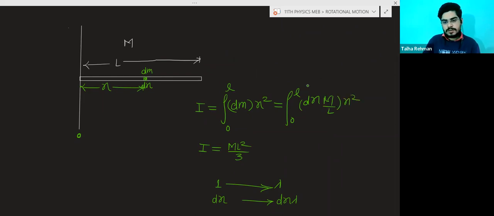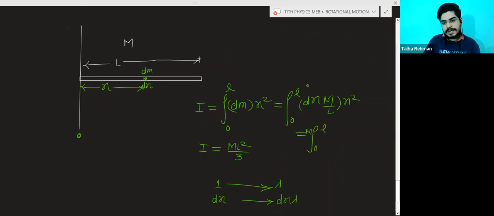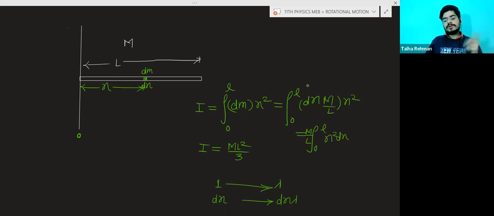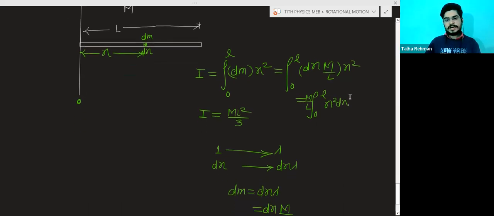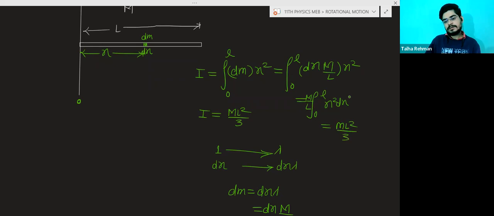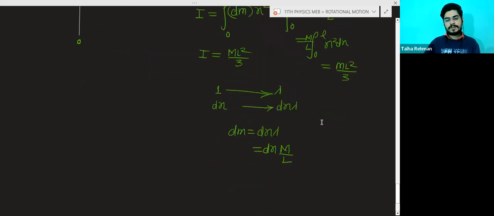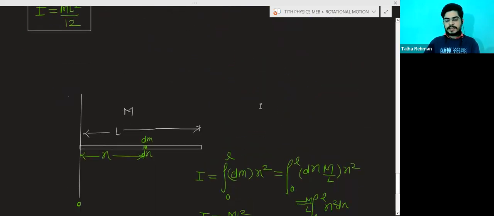So this can be converted: from 0 to L, m by L you can take out of the integration because it is constant, and you write x square into dx. Again, you do the integration, apply the limit, and you will get ml square by 3. So the thing is, we have to apply the limits properly. We should know how to integrate.